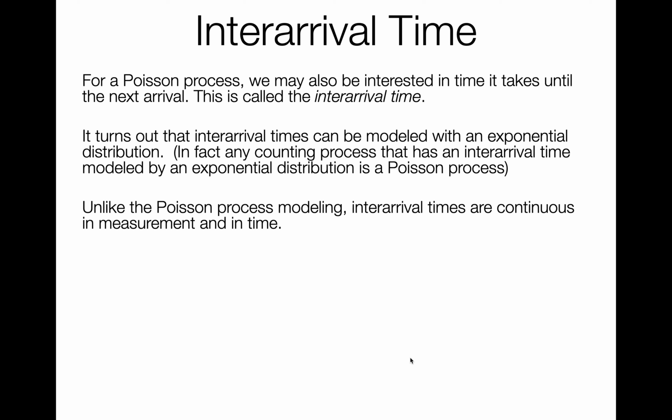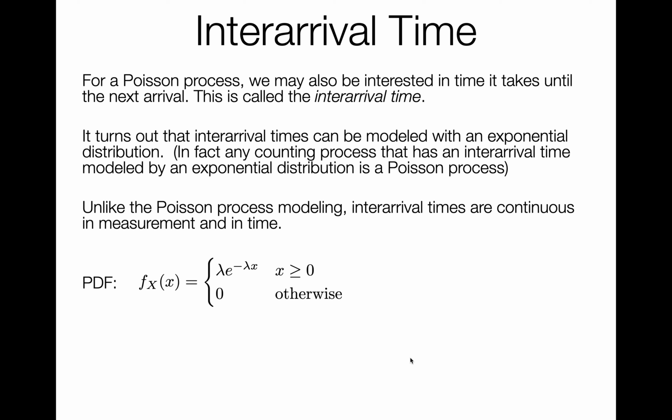Specifically, just as a reminder, the PDF of an exponential distribution looks like this, where lambda is going to be the same thing as we used for the Poisson process. So that's the rate.